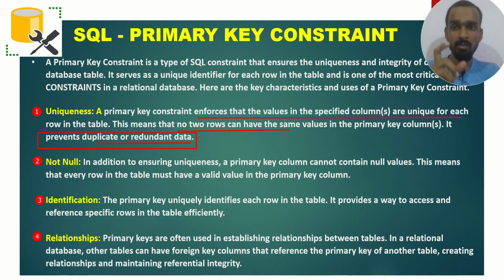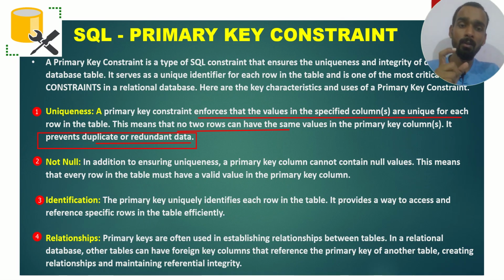So this is the first feature we have understood, and the next is not null. Basically the column for which we are assigning the primary key should not be null. Let's say for a particular employee, the employee number should be present. If we are defining the primary key on employee ID, irrespective of other columns, whatever they could be, it doesn't matter for that particular employee ID.